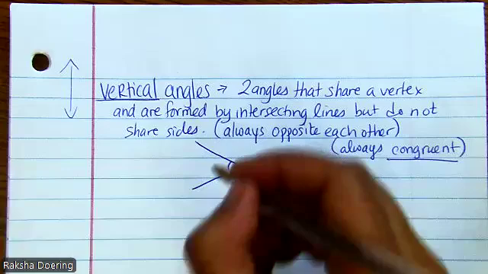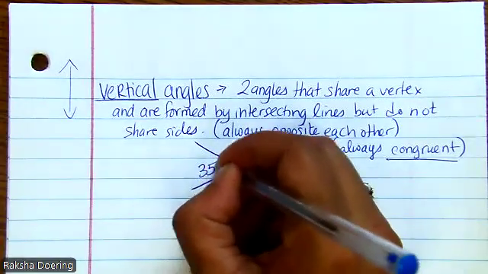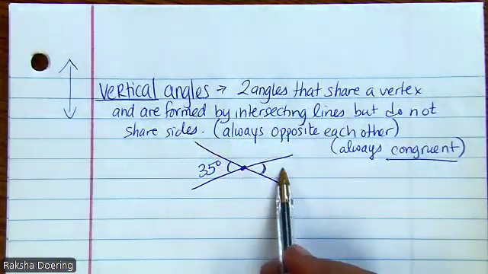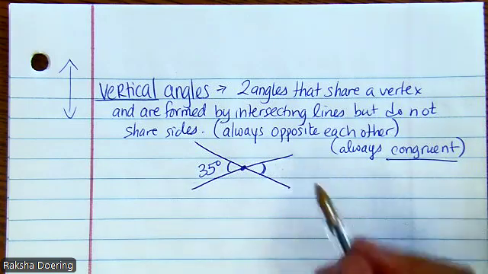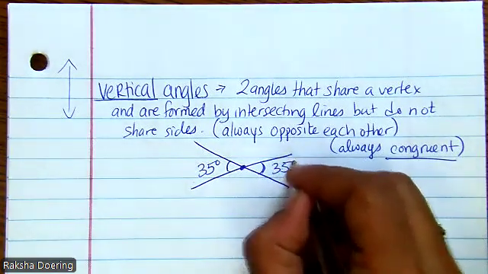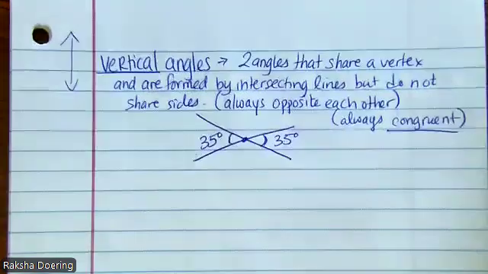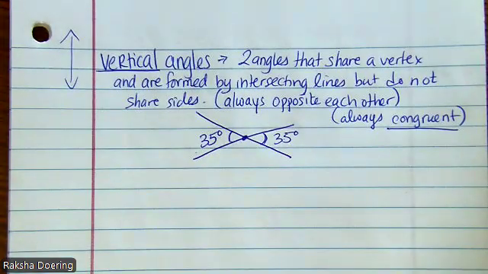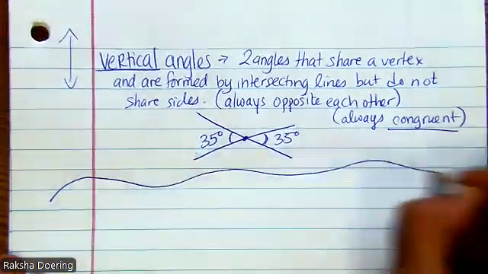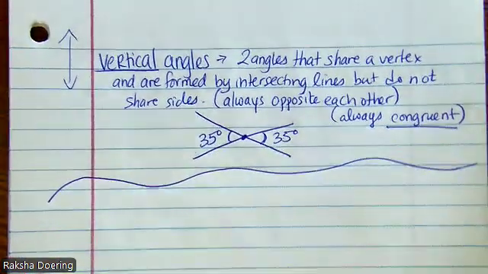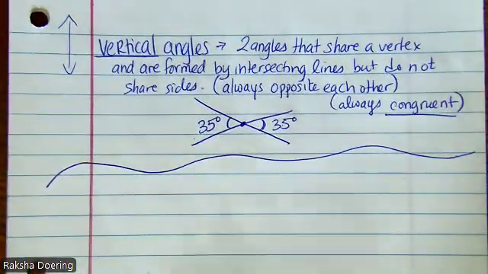So that means if I know this one's 35 degrees, I could just say, oh, I know because they're opposite each other that this one's also 35 degrees. So that's the third kind of angle that I wanted to talk about. So make sure you've taken notes on all three of those. And then we will try to solve some problems involving angles next class.